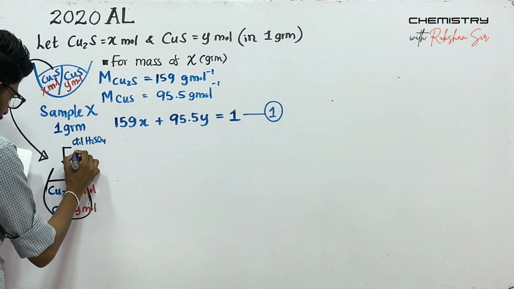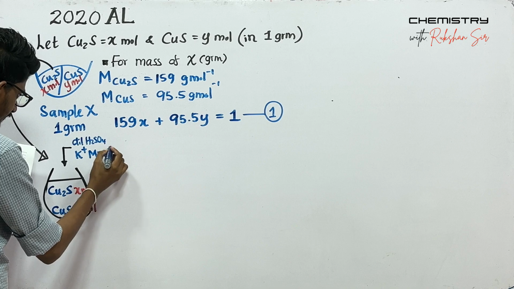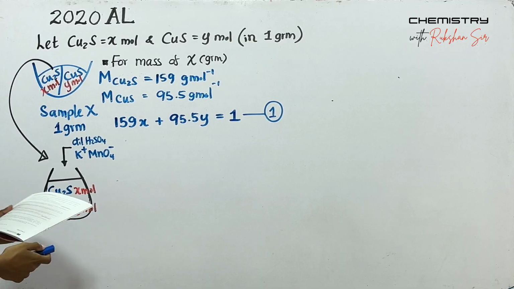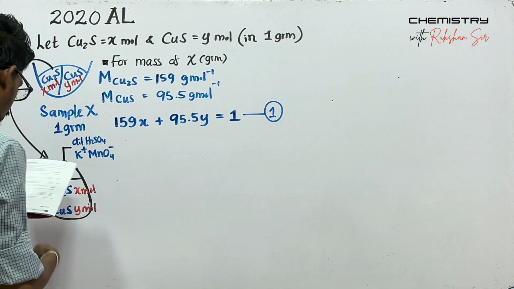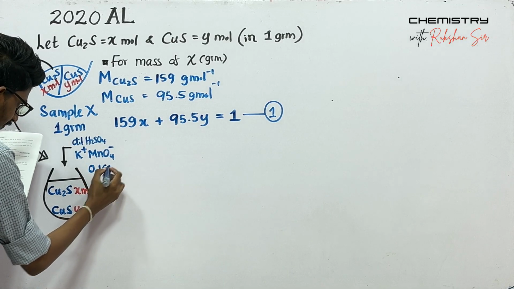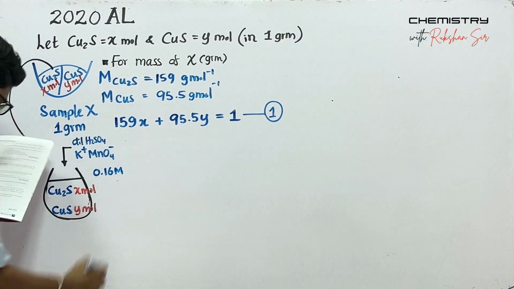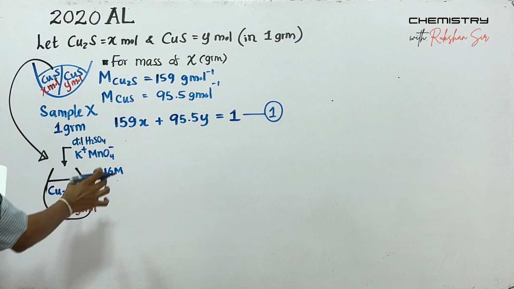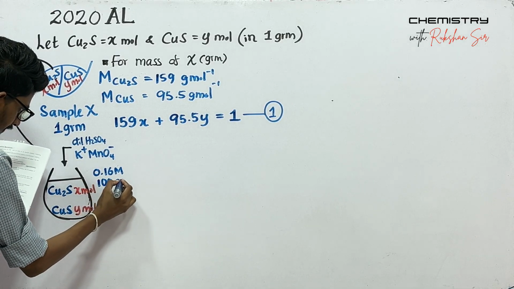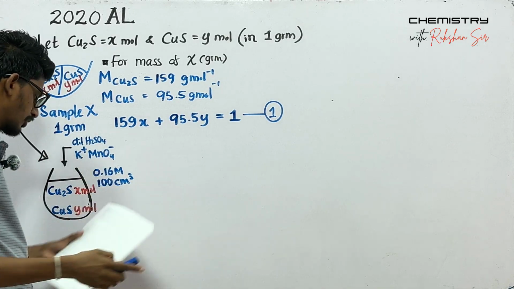KMnO4 means K+ and MnO4-. The added amount is 0.16 molar solution, that 0.16 is the concentration, and the volume is 100 cubic centimeters. That amount of KMnO4 is added.